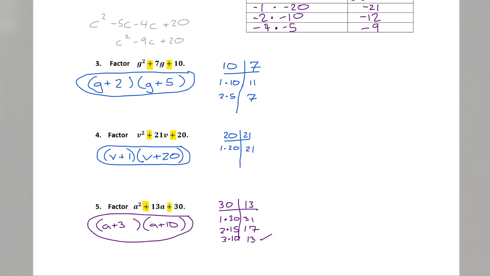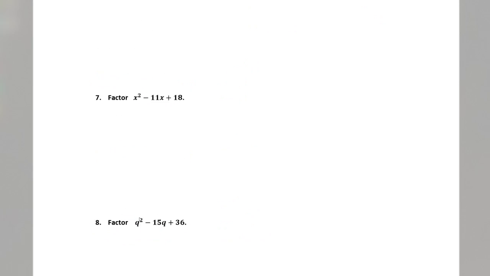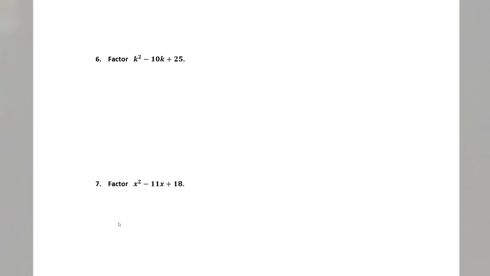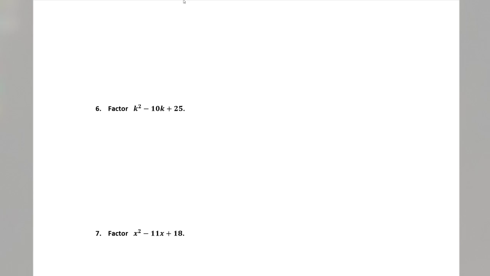Now go down to the next one. So you have a negative, positive. So we're looking for factors of 25 that add up to be negative 10.